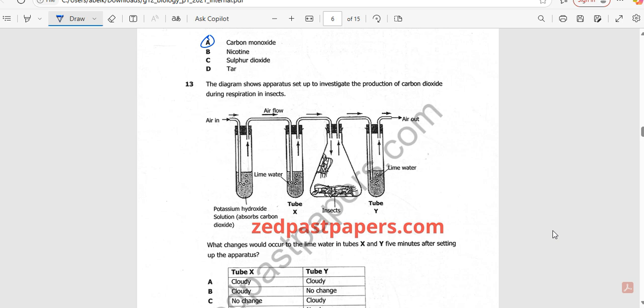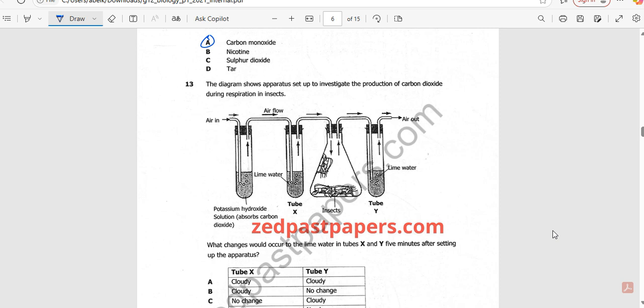Since carbon dioxide is already absorbed, the lime water will have no effect. Remember the identity test of carbon dioxide using lime water: it turns lime water milky, cloudy, whitish.